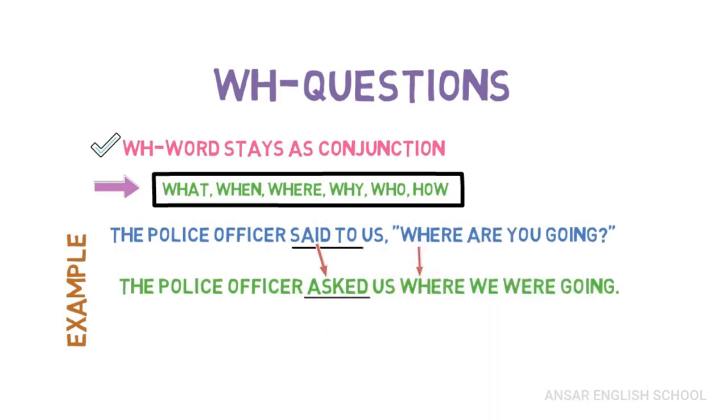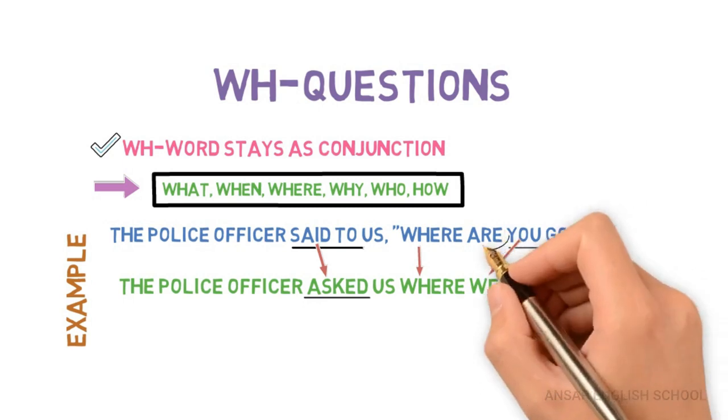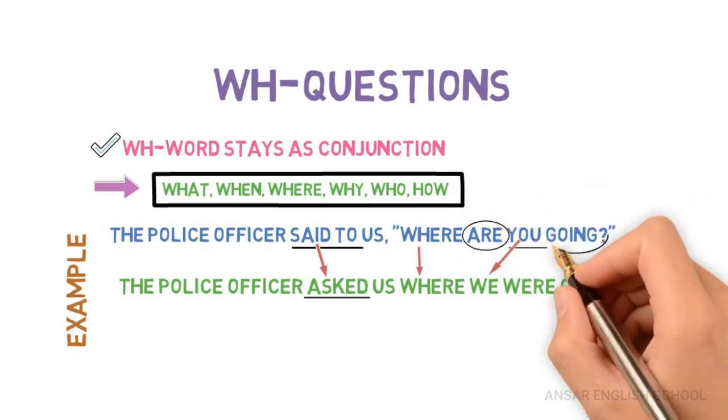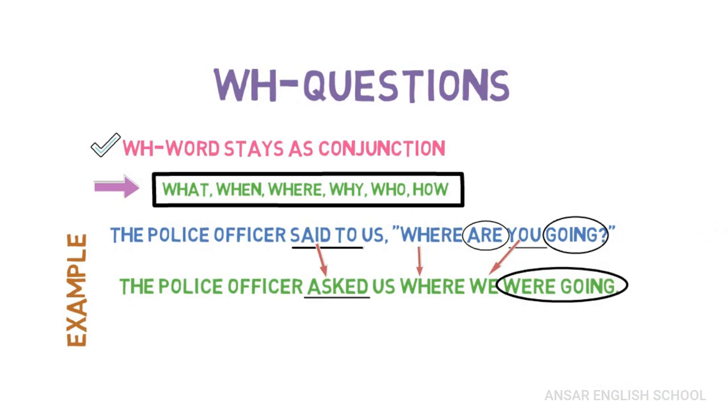So we are using where in the answer also as the conjunction. Then you is the subject, you change to we, because the listener is mentioned as the police officer is talking to us. Then are going is the verb given in direct speech, it will change into its past form, and that is were going.